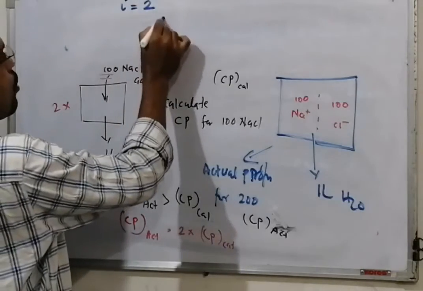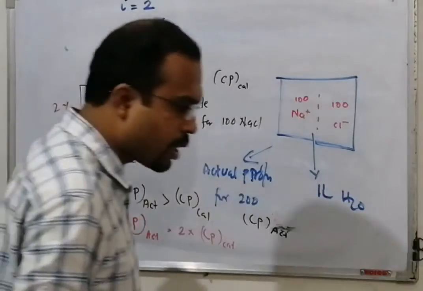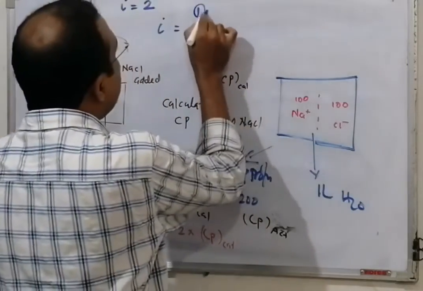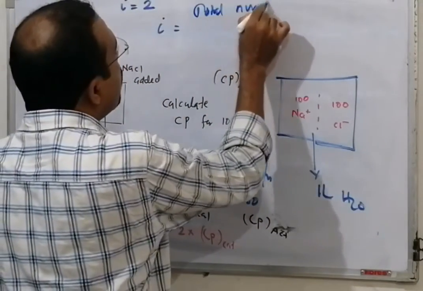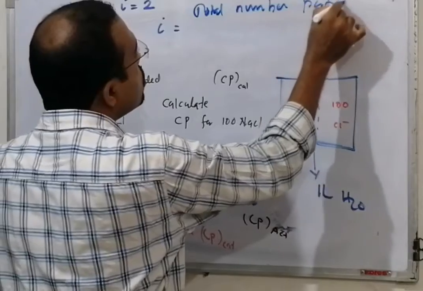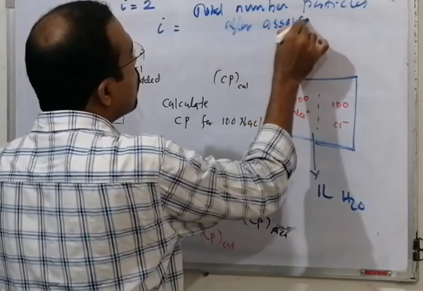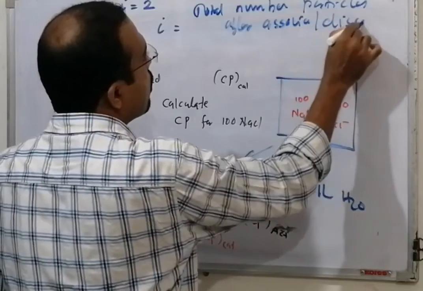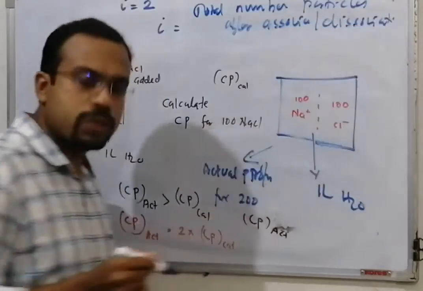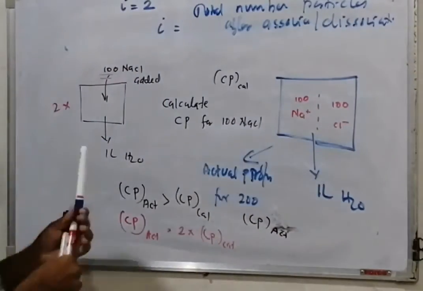Why? Because van't Hoff factor is equal to the total number of particles after association or dissociation. Here dissociation. Similarly, association also happens, I will tell you.